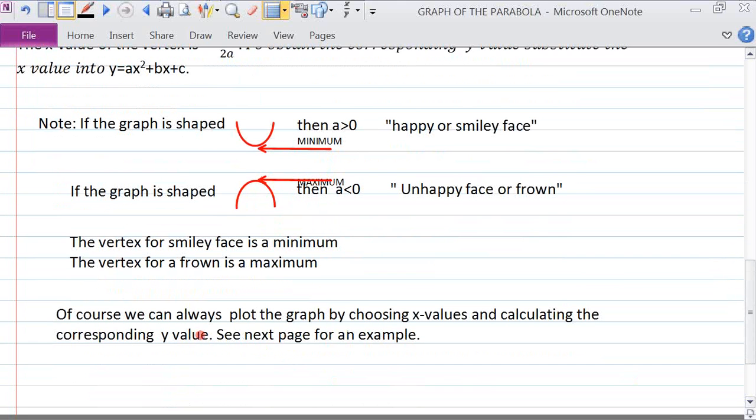Now, one thing we can always do is plot a graph by substituting x values into the equation y equals ax squared plus bx plus c. Just substitute a value in, say x is equal to 1, work out what it is, and then we know the y value. And once we know the x and y values, we can plot a graph.